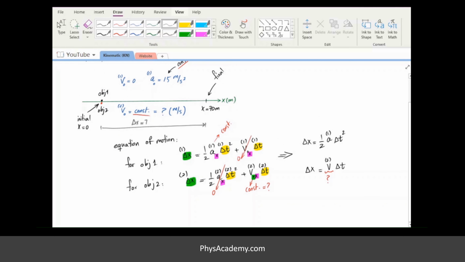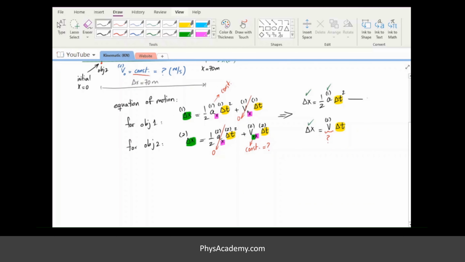Just in case, here is a calculation process for it. Now let's mark the variables. We have a value for them. They were given to us. Delta x is 70 meters and the acceleration of object 1 is 15 meters per second squared. Let me mark them so you know what equation I'm referring to.